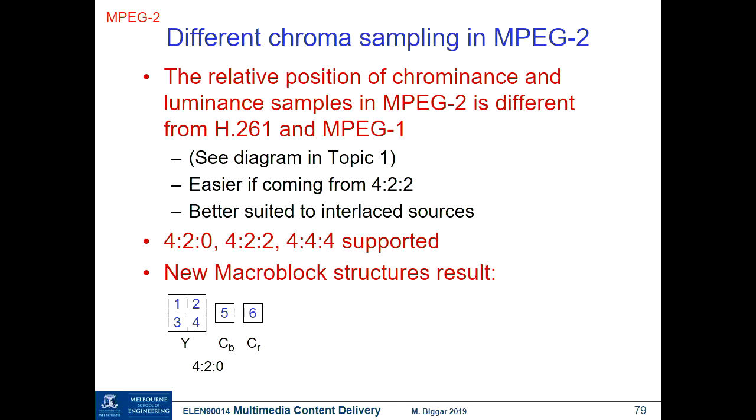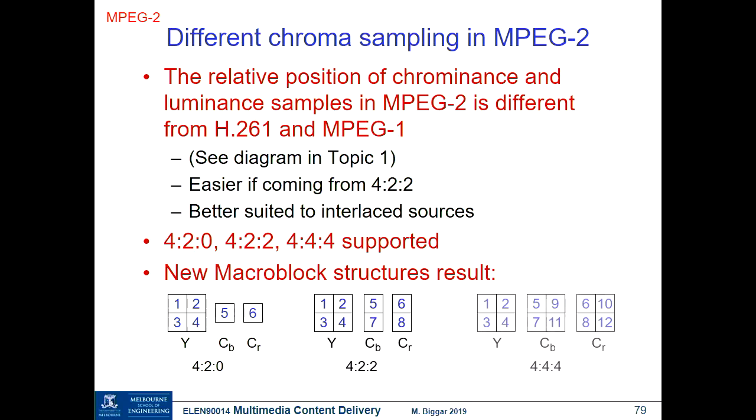If we're using 4:2:0 sampling, the Cr and Cb chrominance components have 8x8 resolution that maps onto this 16 by 16 luminance resolution, so we end up with 6 blocks to process. With these other sampling patterns, we end up with different structures, so that also needs to be accommodated. And in the case of 4:4:4, there's no chrominance subsampling, so each macroblock consists of 12 blocks, each of which goes to the DCT and is quantized and so on. Yeah?